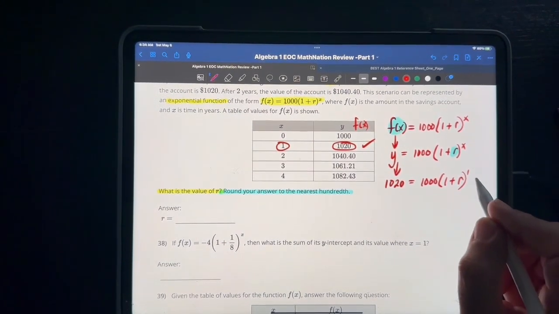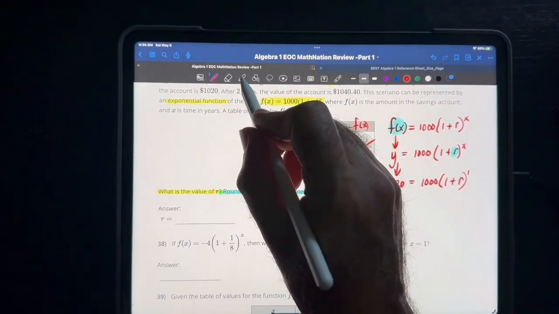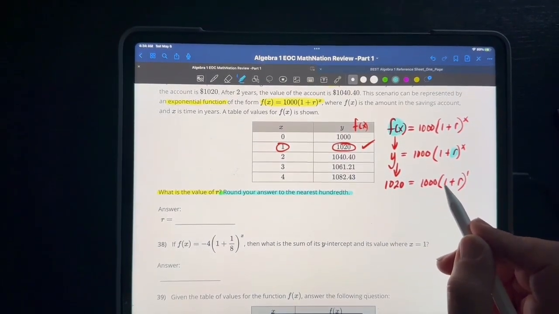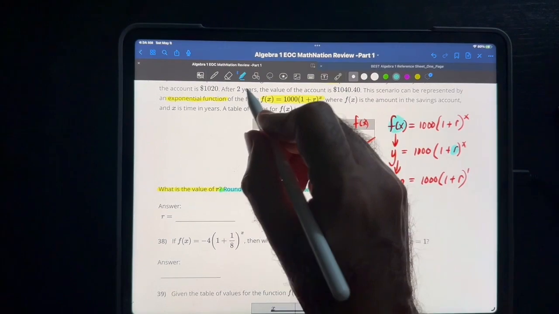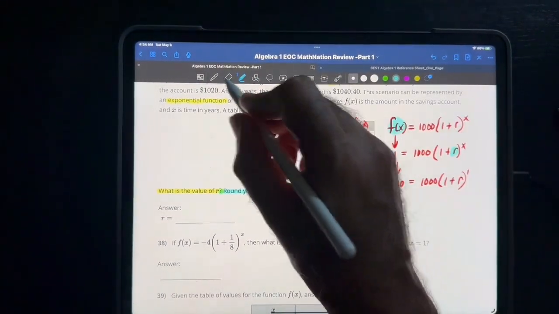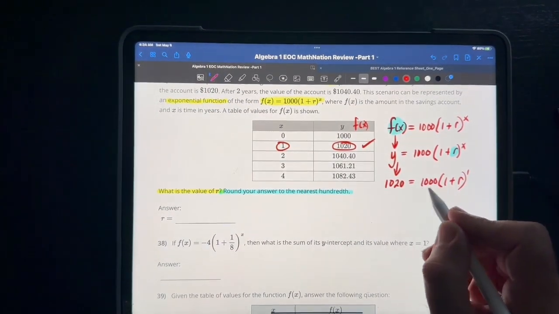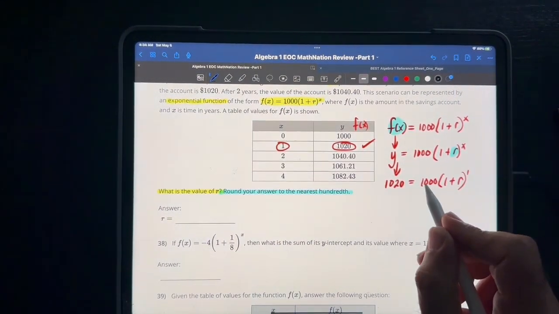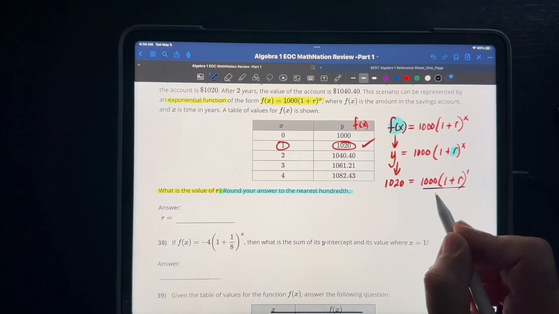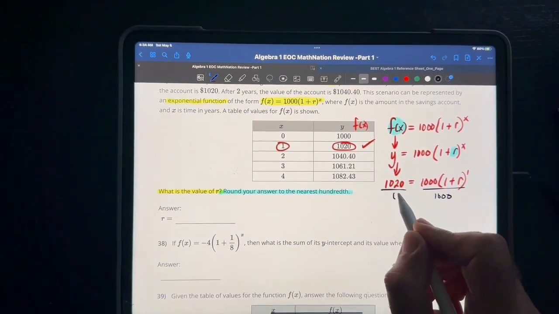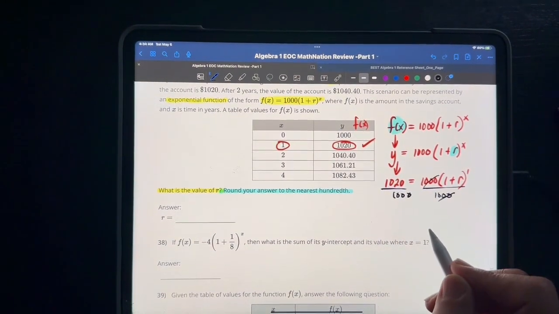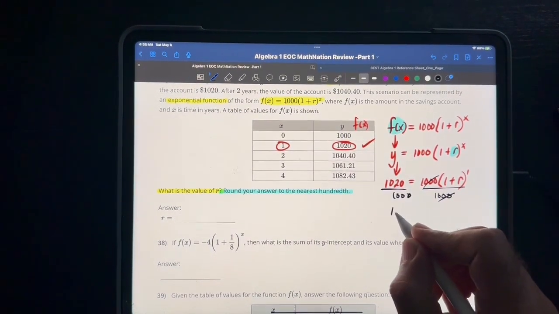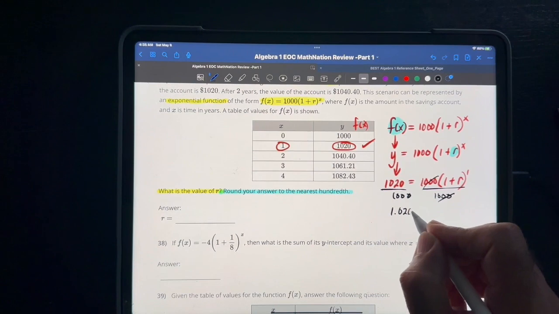So how do I solve this for R? The first thing you probably want to do is get rid of the 1000. Since you're multiplying here, you're going to divide both sides by 1000. When you divide this by 1000, I'll just move the decimal point. This is going to become 1.020.